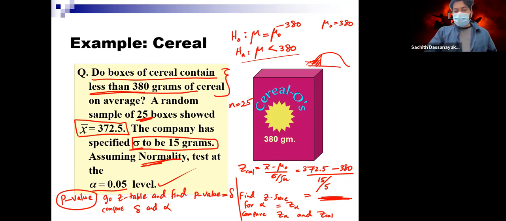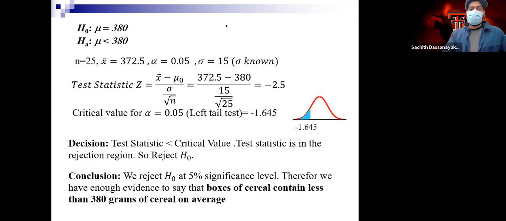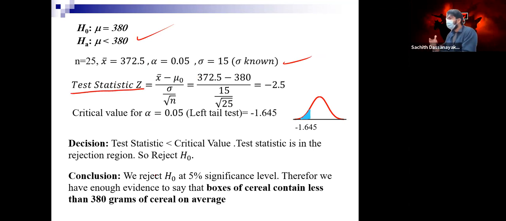I think in the next slide we have solved this, so you can check the values. See, this is the null and alternative hypothesis. These are the given values, sigma naught. Yes, we can find our test statistic, or you can use Z-cal. We call this the test statistic to avoid confusion; we use Z sub cal, the calculated Z value.